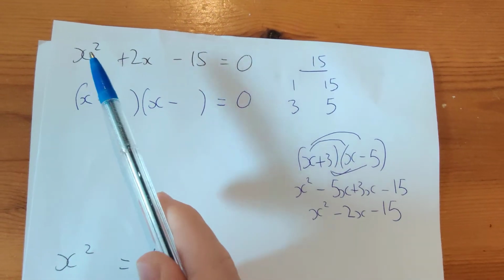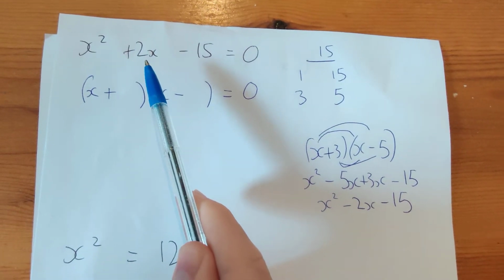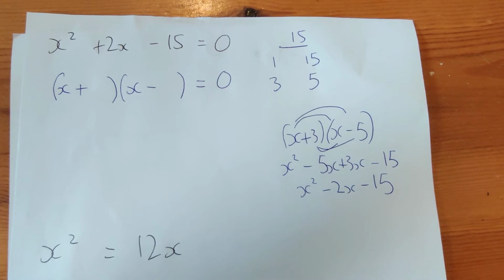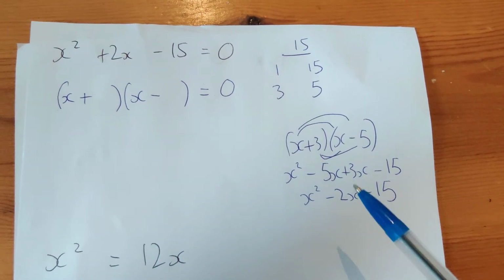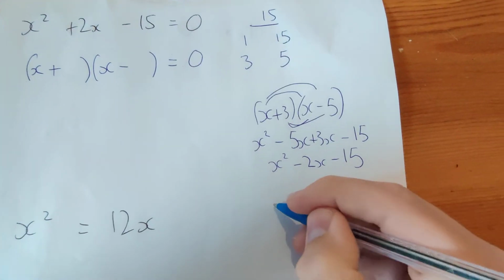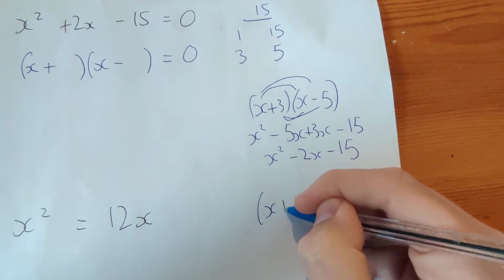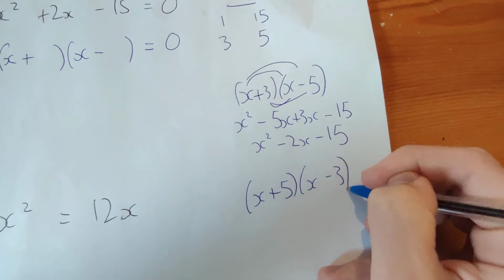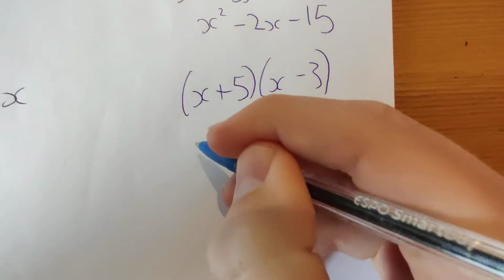Whereas I wanted x squared plus 2x minus 15. So it nearly gave me what I wanted, but it didn't quite work. I think because I've got that 2 though, I think if I try x plus 5, x minus 3 and expand it, that should work, but let's have a look.